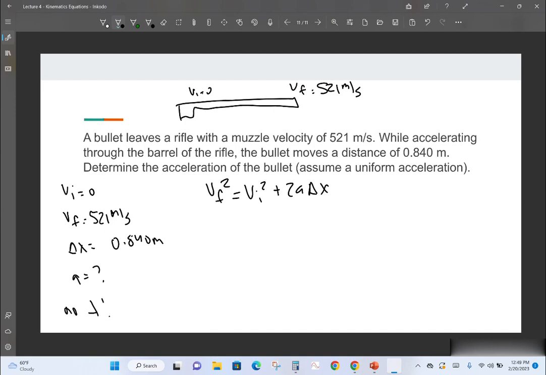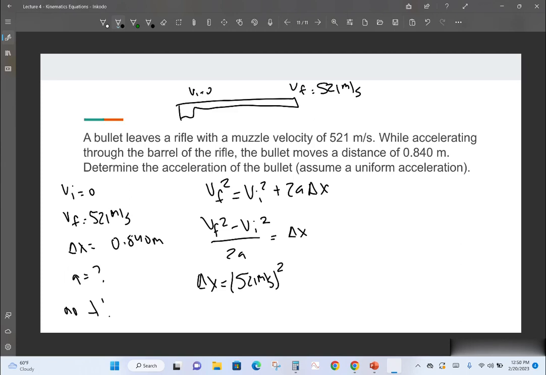Solving for a, I can use the method that I did yesterday, before. Vf squared minus Vi squared divided by 2a equals delta x. Delta x equals 521 meters per second squared.